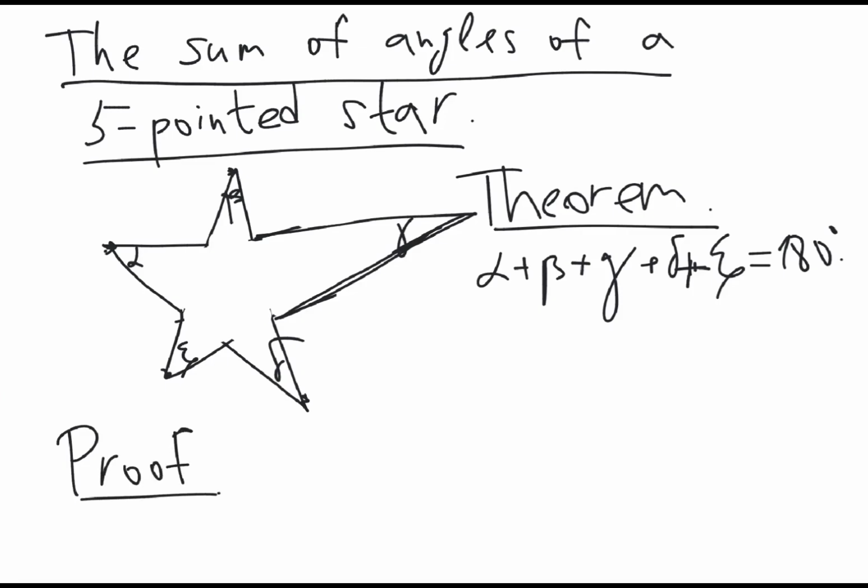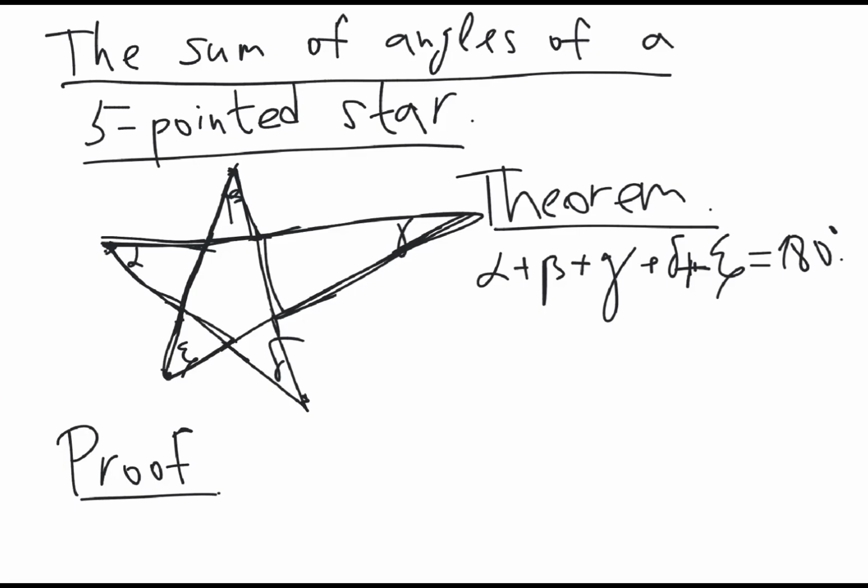So the proof is basically, we draw again this star, and we consider these 5 triangles of each ray of this star, and we consider the sum of angles in these 5 triangles.